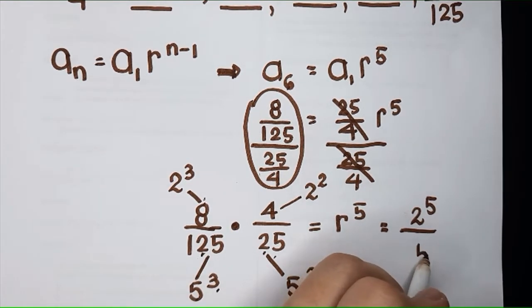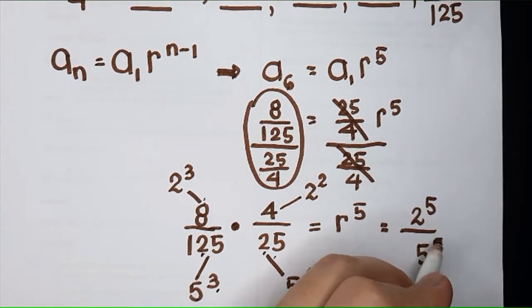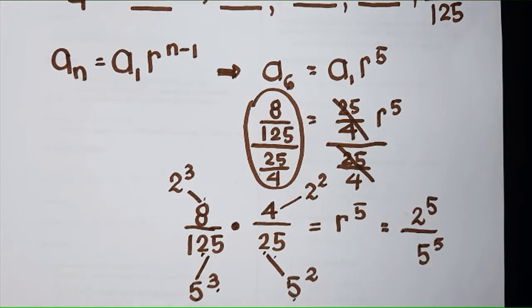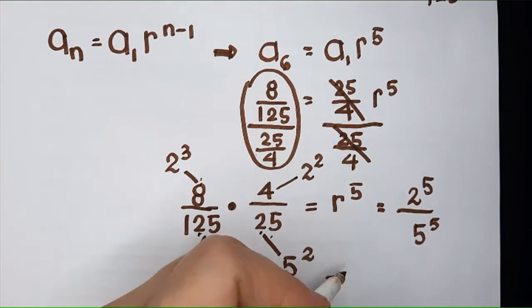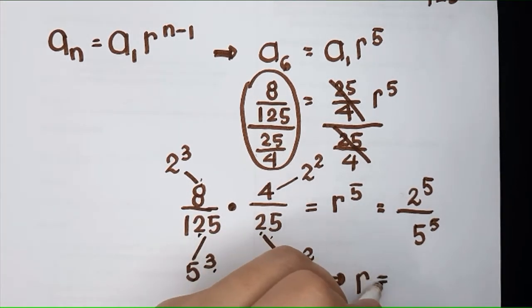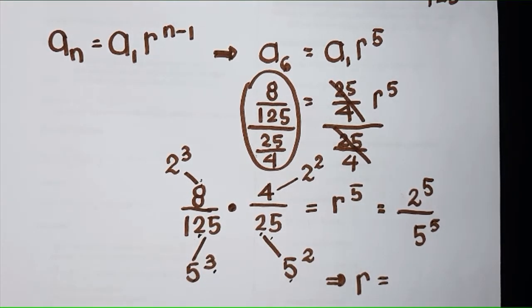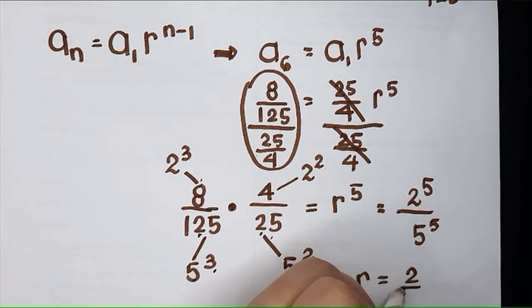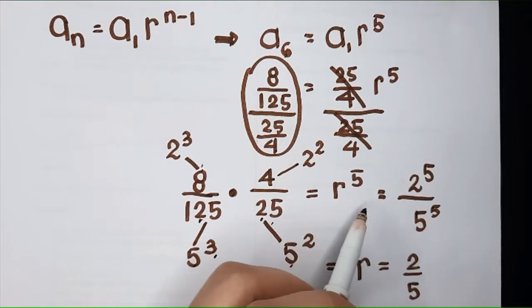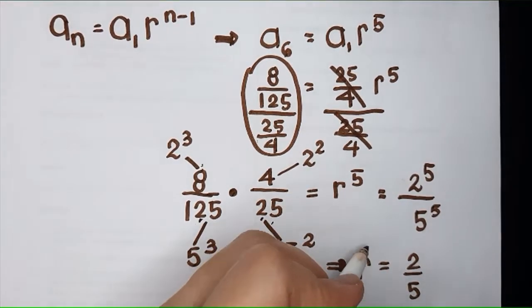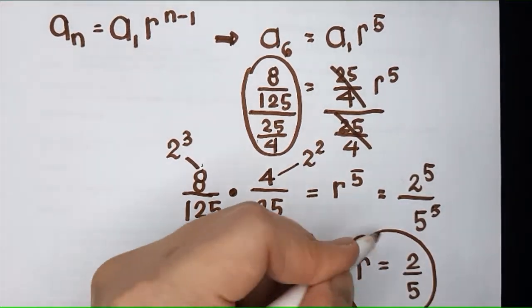It is 5 raised to 5. Okay? Kaya ko siya sinulat ng ganito para madali nating mahanap yung R. Saan equal ang R? It is equal to 2 over 5. Okay? Kinuha natin ang fifth root ng both sides. Okay? So, this is R.